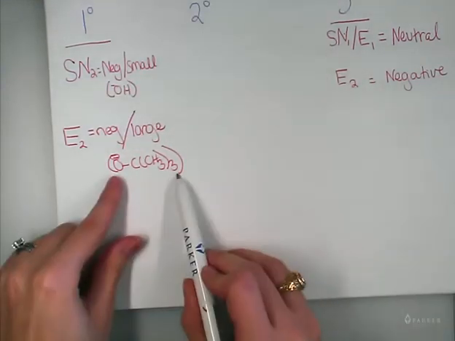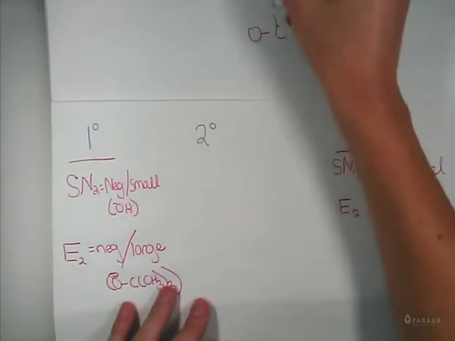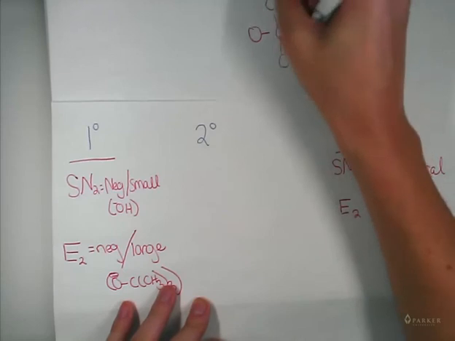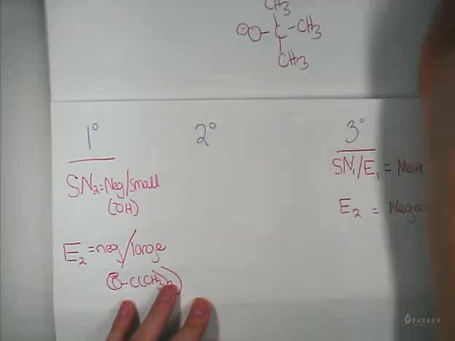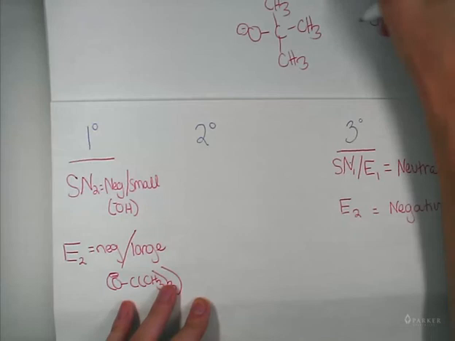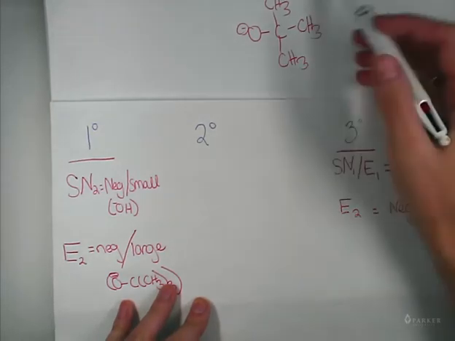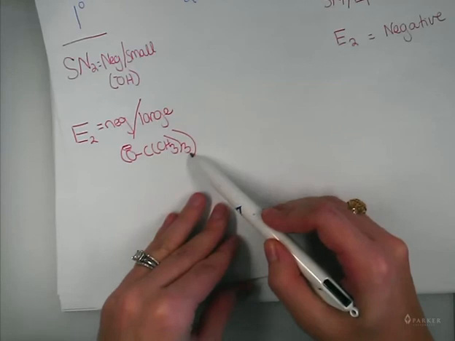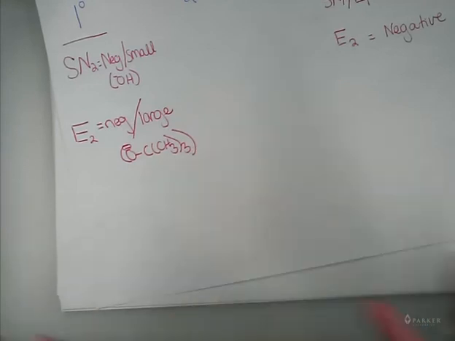So this is a big base. If I drew it all out, versus just OH minus. Pretty much anytime you have 3 branches, so you see this parentheses 3 there, that's what you look for, and that'll mean that it's large or bulky.